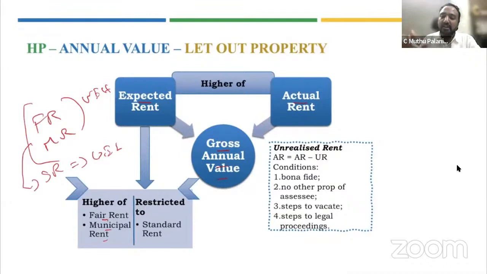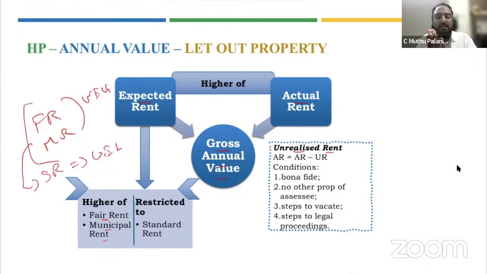And what is your actual rent? Whatever you have received as rental, but you have to remove whatever is unrealized. For rent to be treated as unrealized, you should prove that you made a decent attempt to collect the rent but were still not able to, that the tenant is not owning any other property of yours, so the owner-tenant relationship is only for this property, and that the owner has taken steps to vacate and to proceed with legal proceedings.